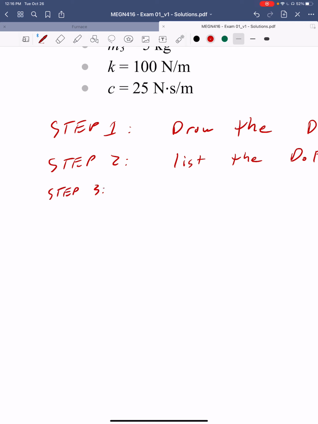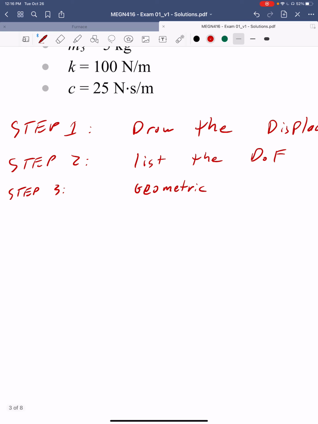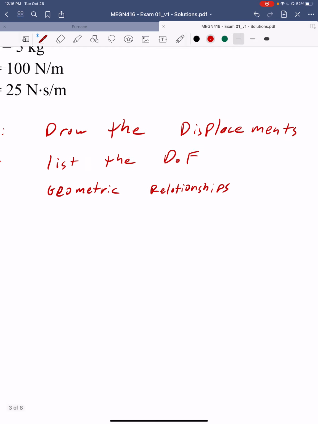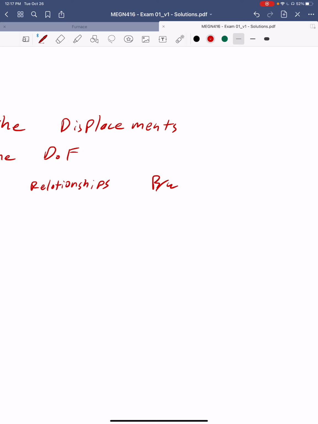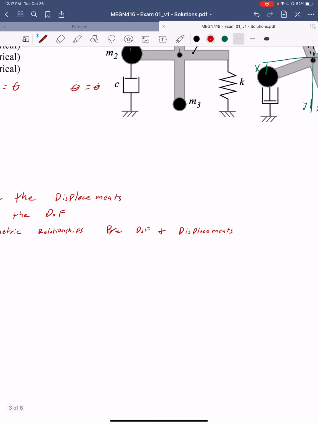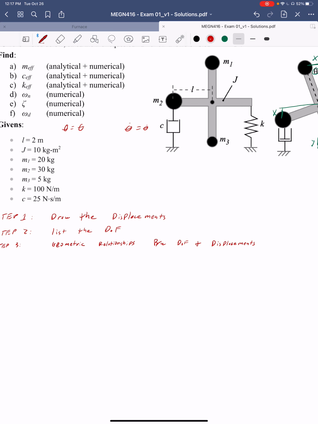Okay, and that is we're going to get the geometric relationships between our degree of freedom and the displacements. Okay, so we'll get those geometric relations.